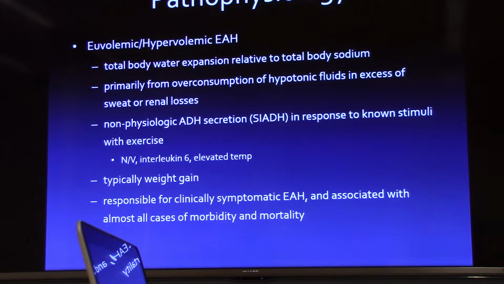So with this type, as I mentioned, you typically have weight gain, and this is responsible for clinically symptomatic EAH and is associated with most cases, almost all cases, of morbidity and mortality.